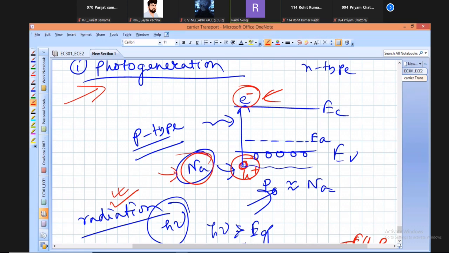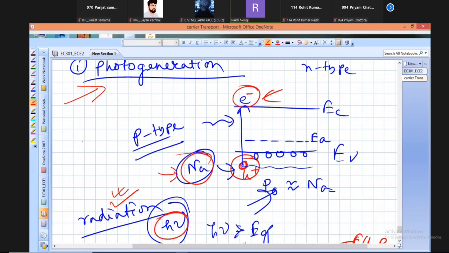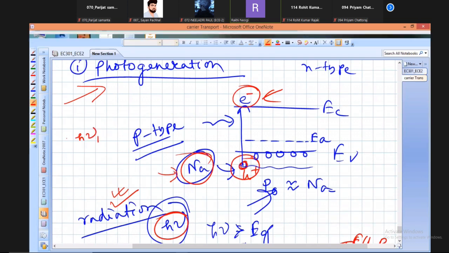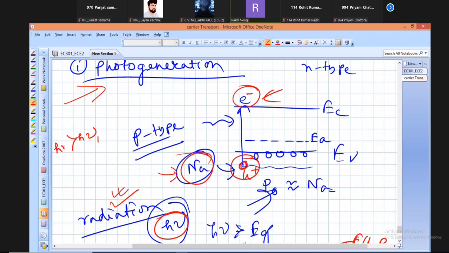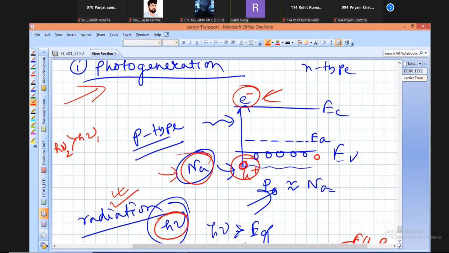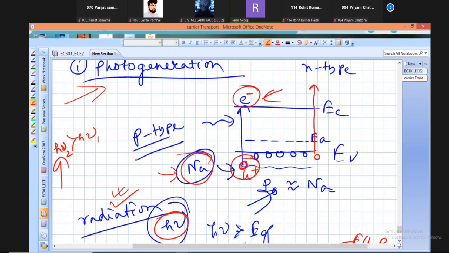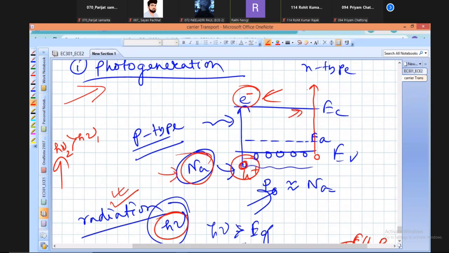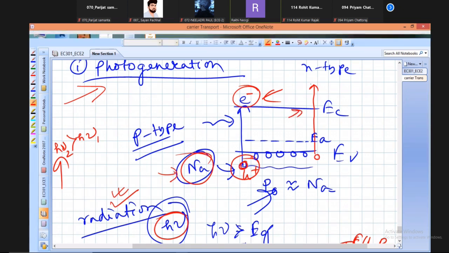So my dear students, here I write h nu. If I consider h nu1 and h nu2, where h nu2 is greater than h nu1, that is nu2 is greater than nu1, then what will happen? The electrons which make the transition to the conduction band, due to this energy of h nu2, will make the transition not exactly to the bottom of the conduction band, but to some higher energy state in the conduction band.